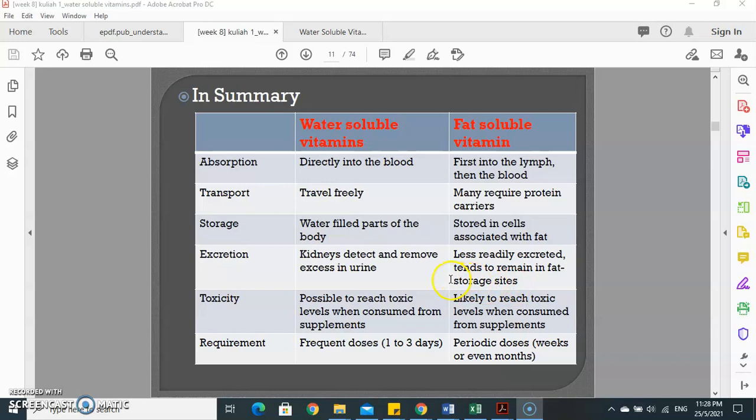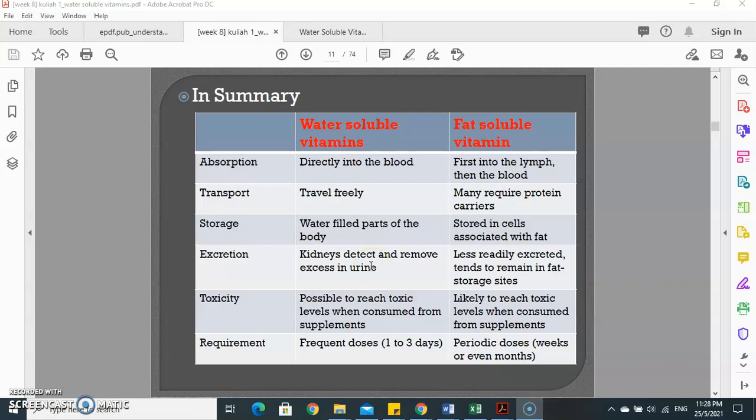That is why if we consume beyond the recommendation for water soluble vitamins, it is not very dangerous. It does not reach the toxicity level because it can be excreted through the urine.